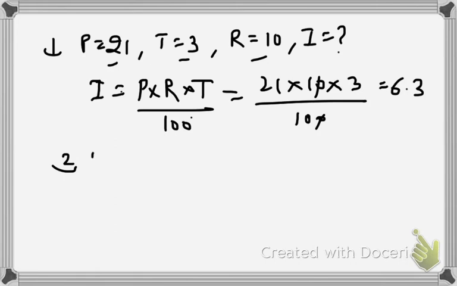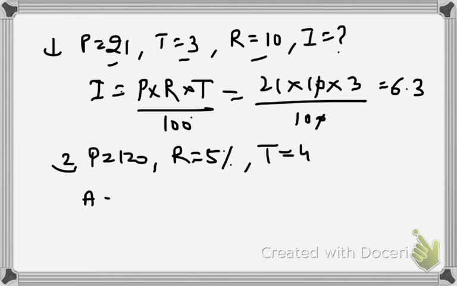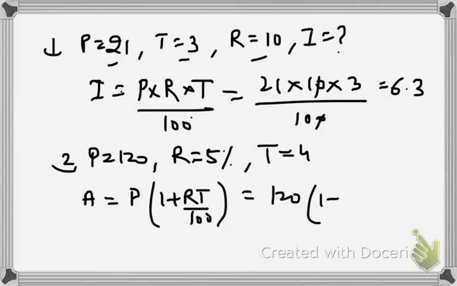Now getting on with your second question. In your second question, you are given these values. Your principal is 120, rate is 5%, time is 4 years, and you have to calculate the amount. Applying the direct formula, amount is equal to P into 1 plus RT upon 100, you get 120 into 1 plus 5 into 4 upon 100.